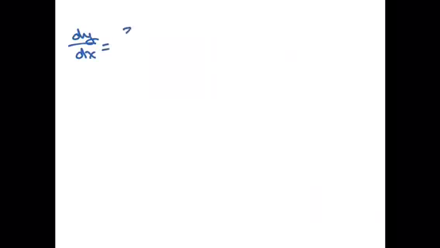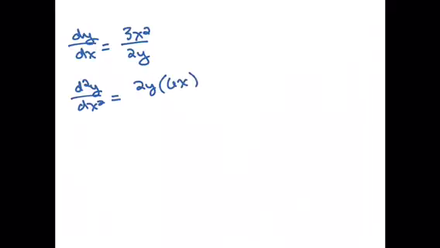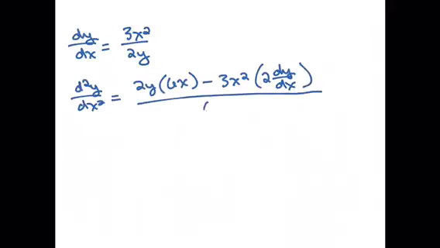I'm going to rewrite this so I can see what I have to do the quotient rule on. So our second derivative then is low, which is 2y, d high, which is 6x, minus high, d low, would be 2 dy/dx, over low squared.